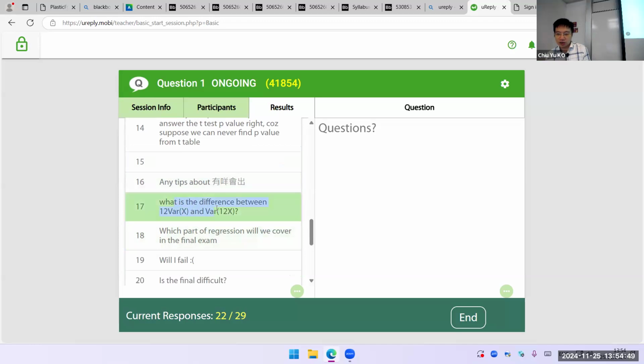Oh, what's the difference between variance of 12X and 12 times the variance of X? That's very different. I think this question comes from the assignment, so I'll answer it on the board.